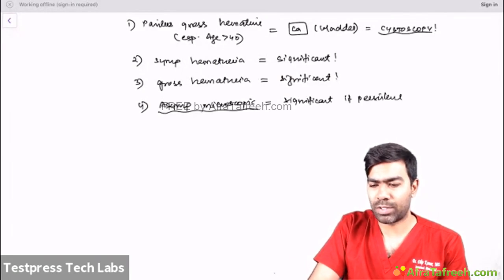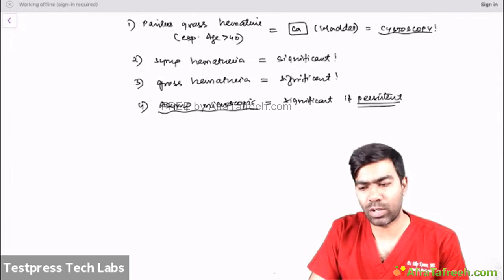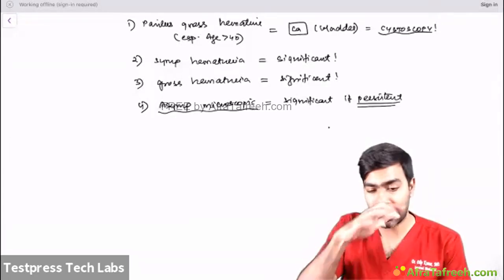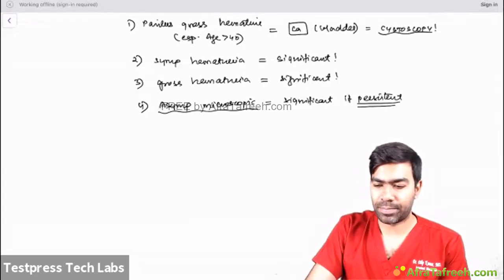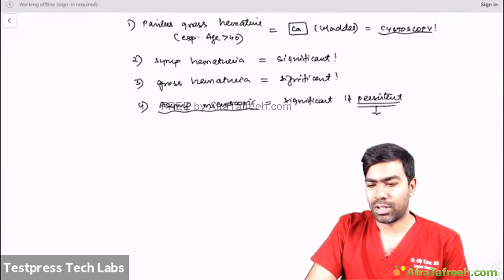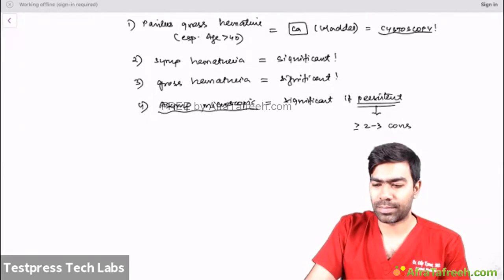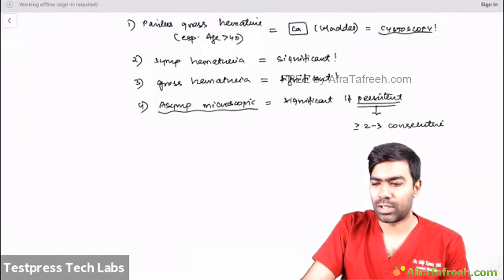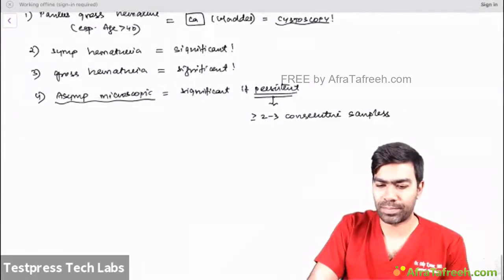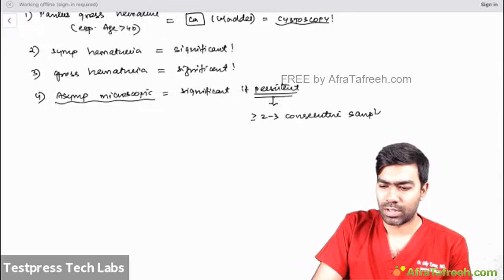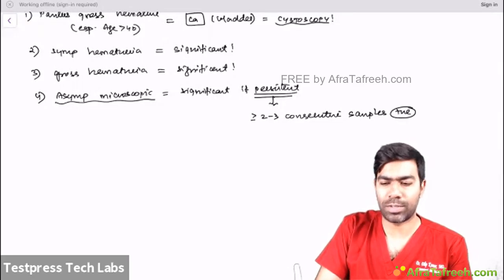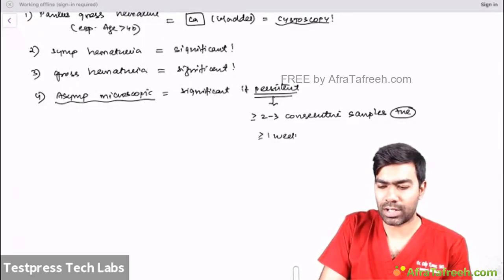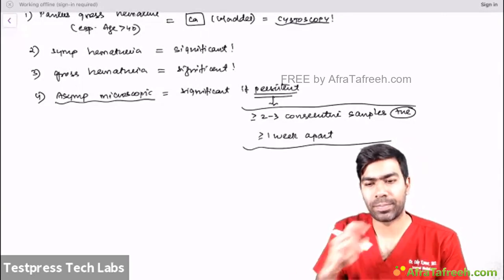Persistent in the sense that at least 2 to 3 consecutive samples test positive for microscopic hematuria, taken at least 1 week apart. In this situation, it becomes very significant.